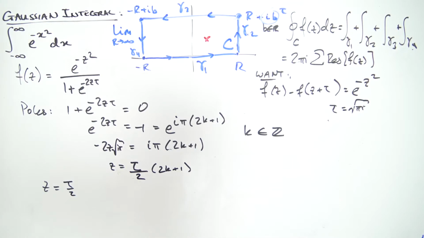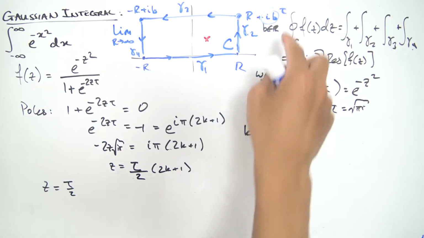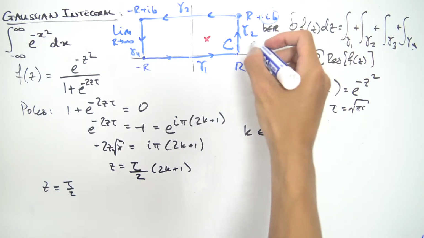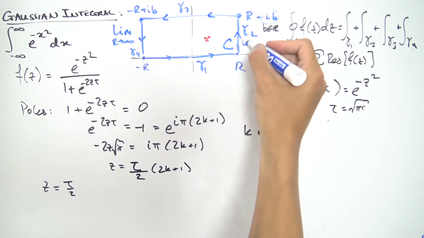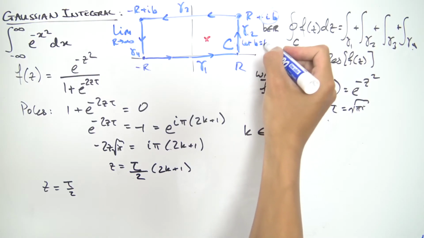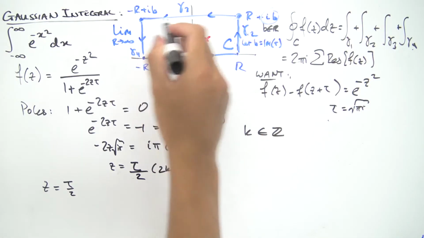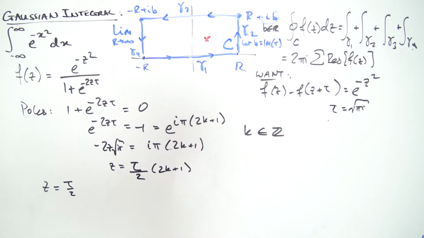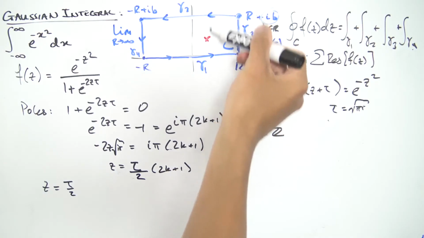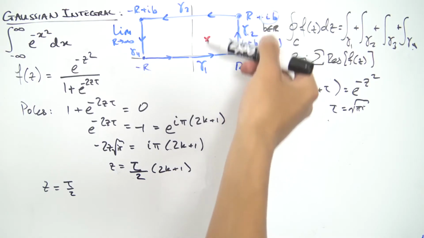So for our contour, our b value should really just be the imaginary part of tau. So I'll squeeze it in over here, we're going to let b be equal to the imaginary part of tau. And if the height over here is the imaginary part of tau, and we have a tau over 2, well, the imaginary part of tau over 2 will be directly in the middle of these two upper and lower parts.